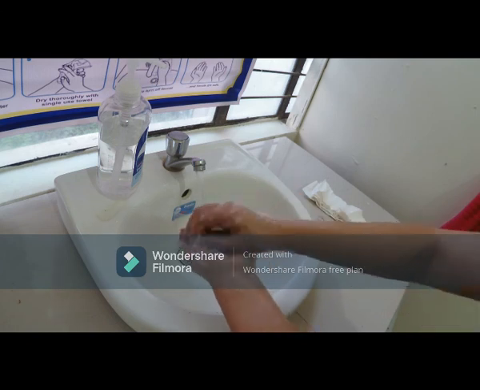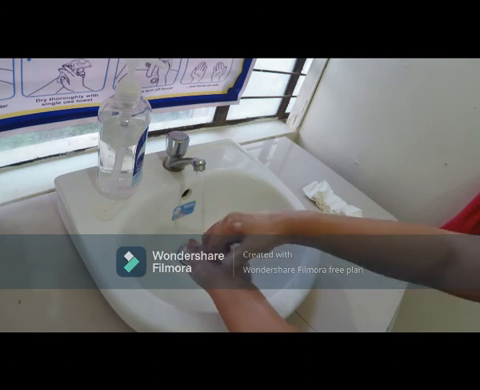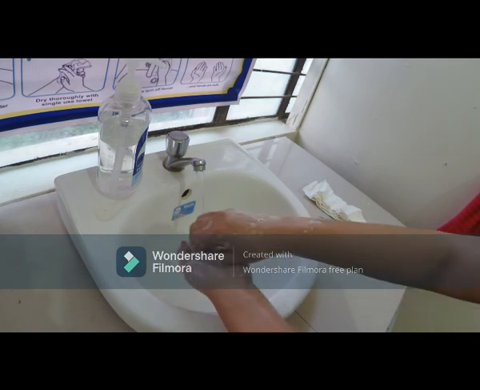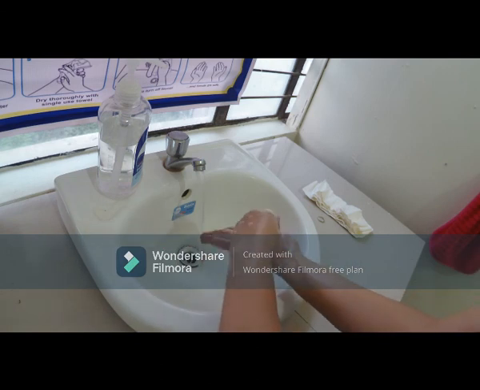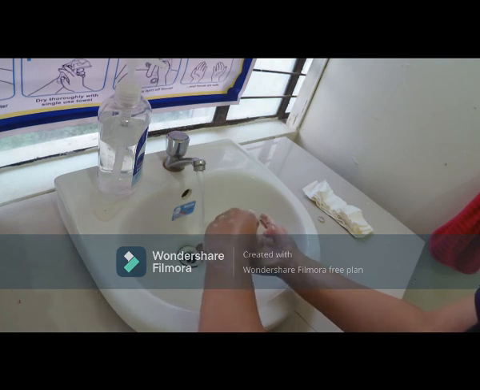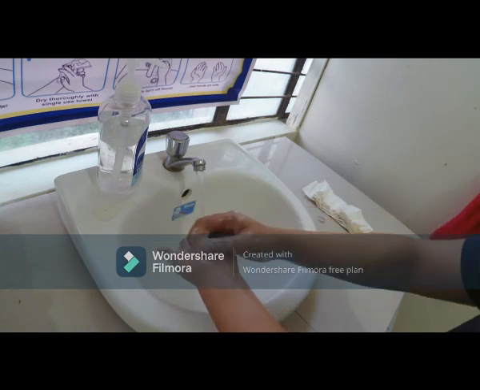So rotational rubbing backwards and forwards with clasped fingers of right hand in left palm. And then vice versa. Kung meron po tayong disposable nail cleaner, pwede po natin gamitin. Pero kung wala, make sure that our fingernails are clean.